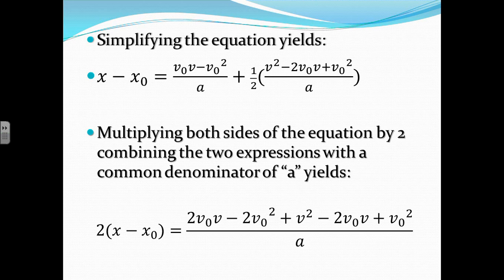When we multiply by 2 and combine those two terms, we get 2 times our change in position equals 2 times velocity initial times velocity minus 2 velocity initial squared plus velocity squared minus 2 velocity initial times velocity plus velocity initial squared, divided by a.